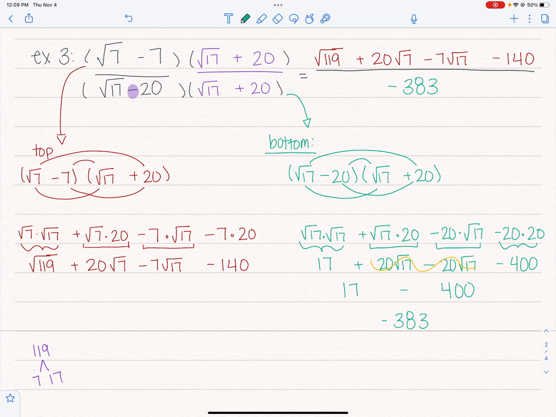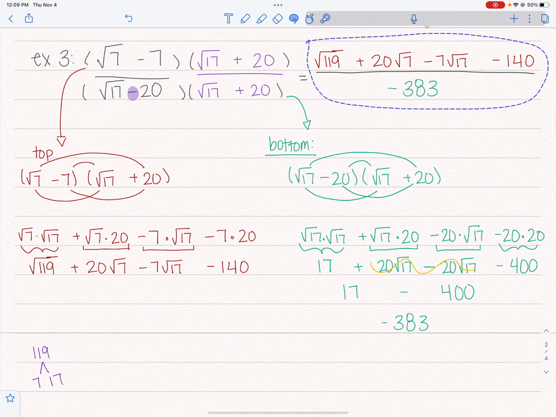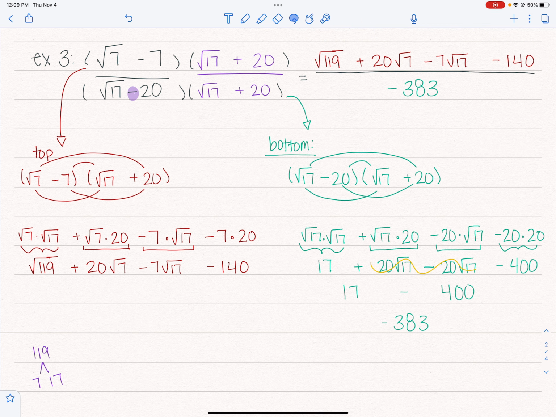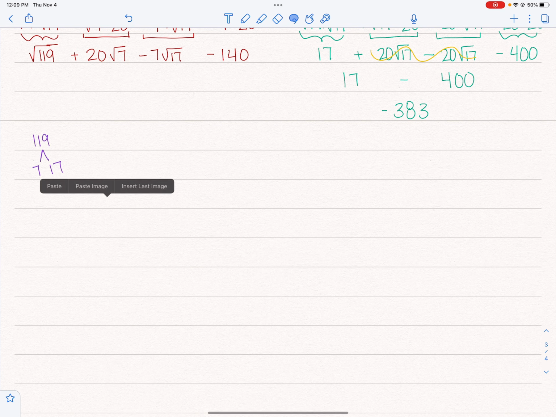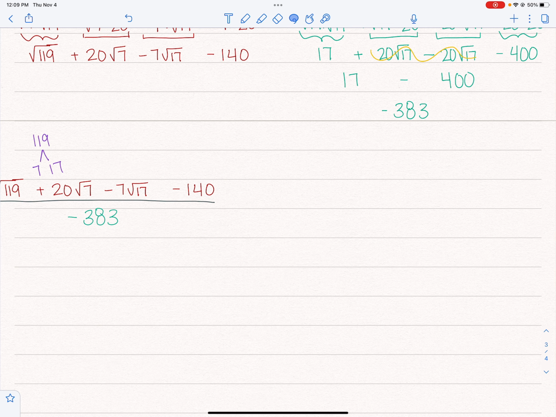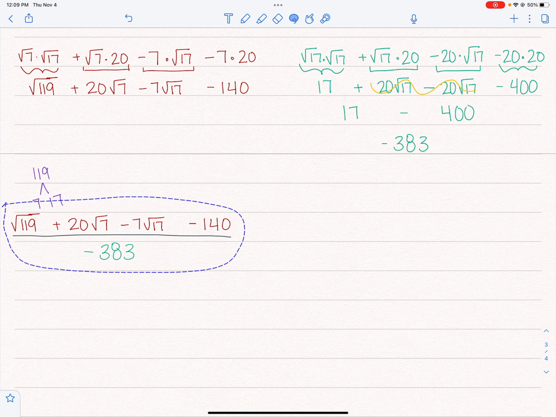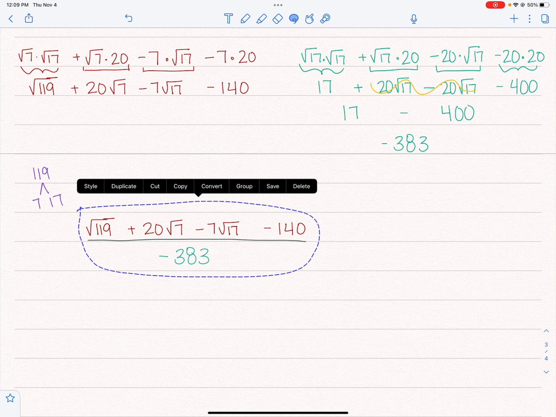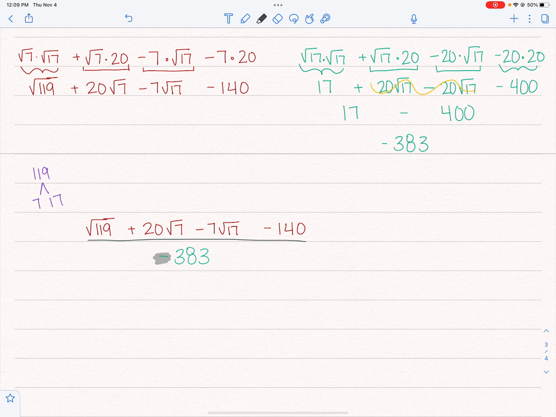And so I've got that, but just like in the previous video, I don't want to write the negative on the bottom, so I'm going to rewrite all of this down below. Here's what I had. I want to take this negative sign and write it up top.